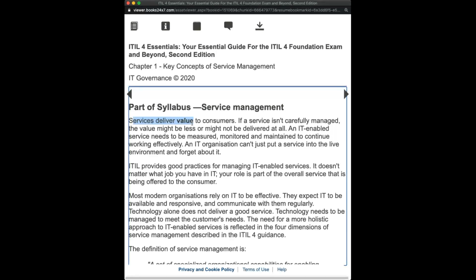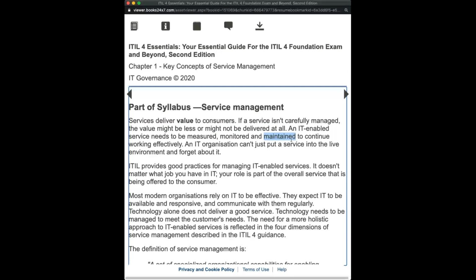Services deliver value to consumers. If a service isn't carefully managed, value might be less or might not be delivered at all. So we've been mentioning this. An IT-enabled service needs to be measured, monitored, and maintained. It does not end where you just provide the service and you don't care about it. You do want to monitor metrics, and you do want to get customer feedback.